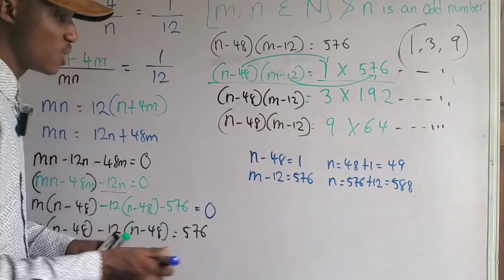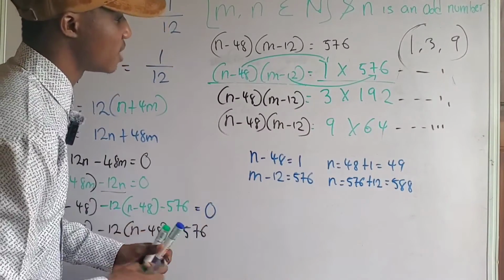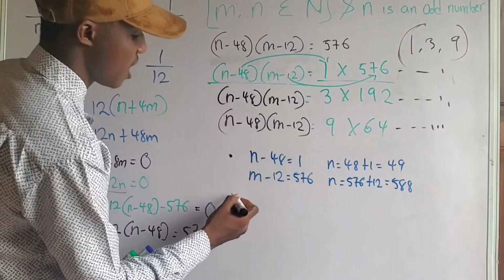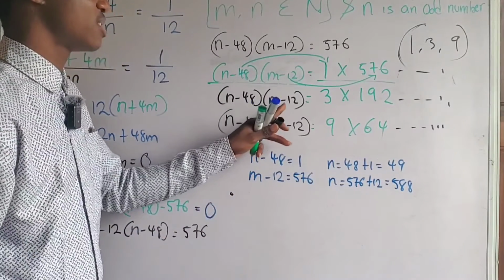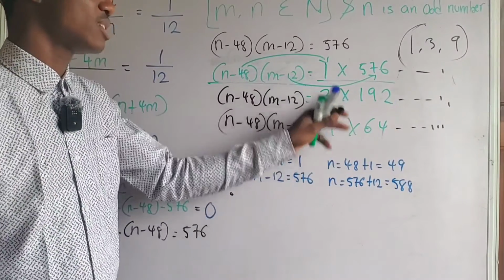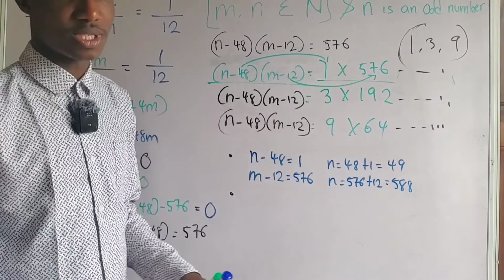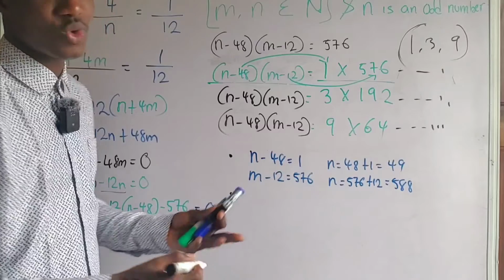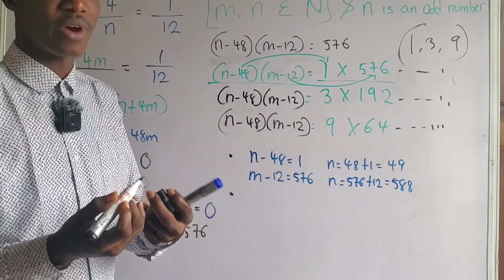Now for the second equation, we have n minus 48 multiplied by m minus 12 equals 3 times 192. Don't forget that all these expressions are for 576, which means we're going to have more than one solution for m and n.